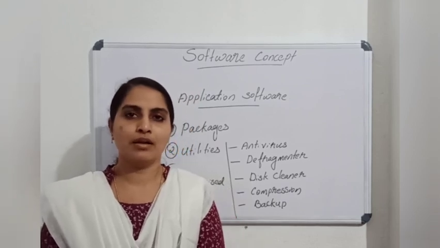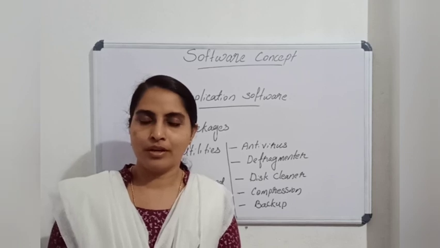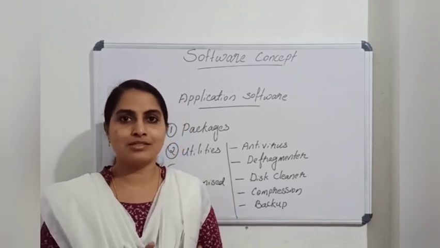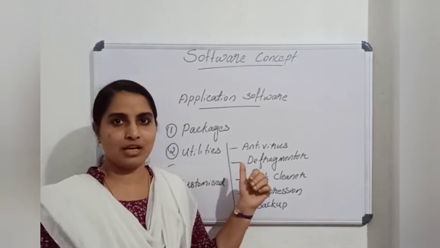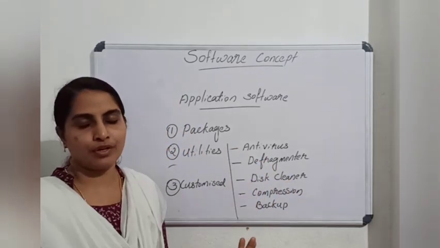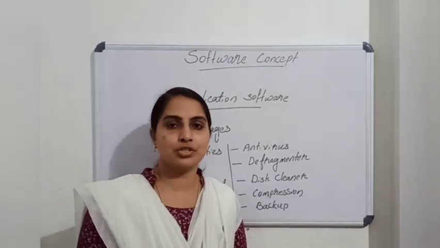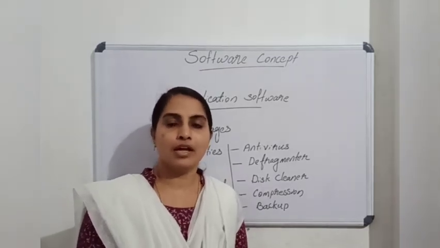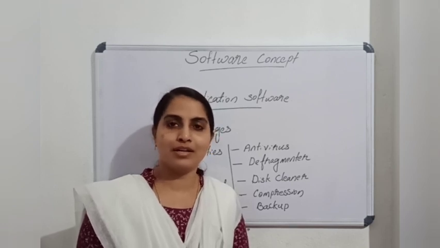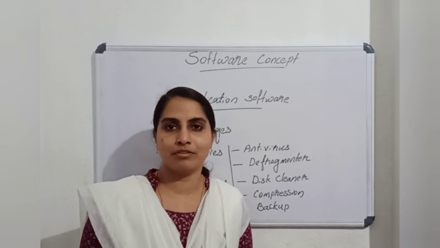For example, have you heard about Tally? Tally is an accounting tool, a package or general type of application software. If you are using Tally in your institution, you can customize it in your own way by giving your institution's name and everything.